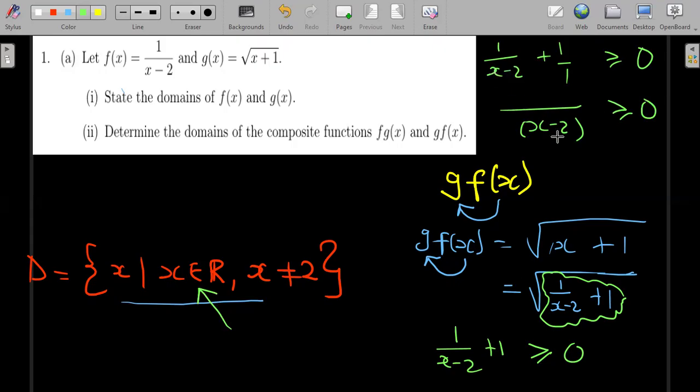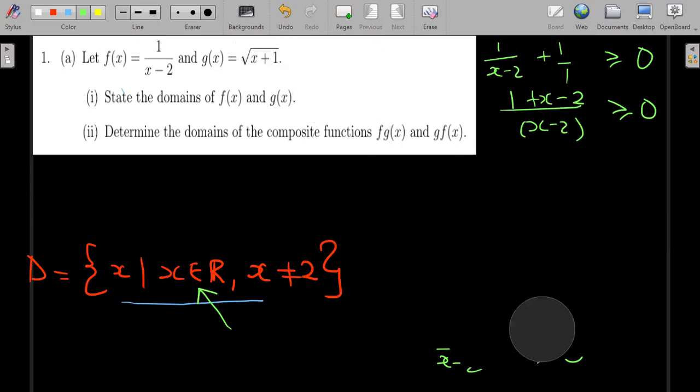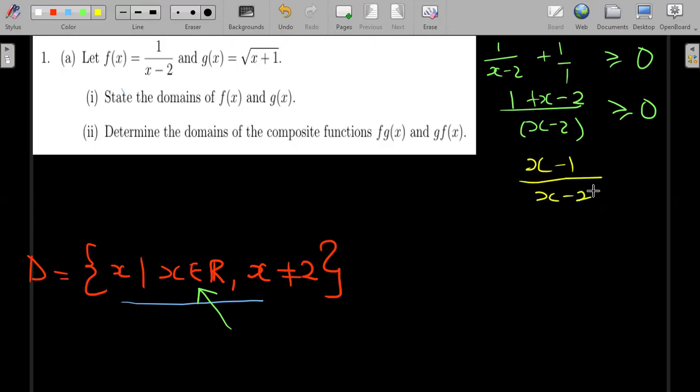Then x minus 2 times 1 is just 1, and 1 times x minus 2 gives plus x minus 2. So what we get from there is x minus 1 on top, and x minus 2 below, greater than or equal to 0.